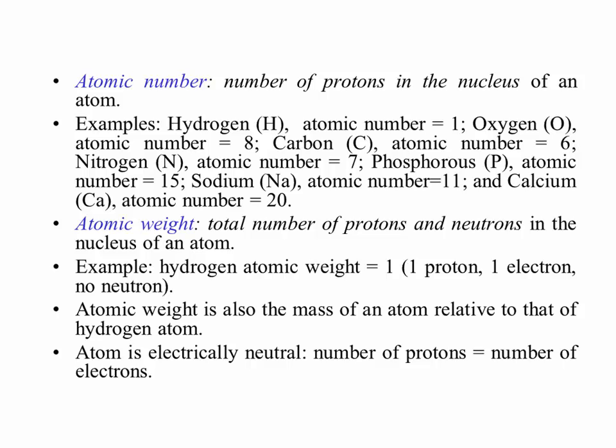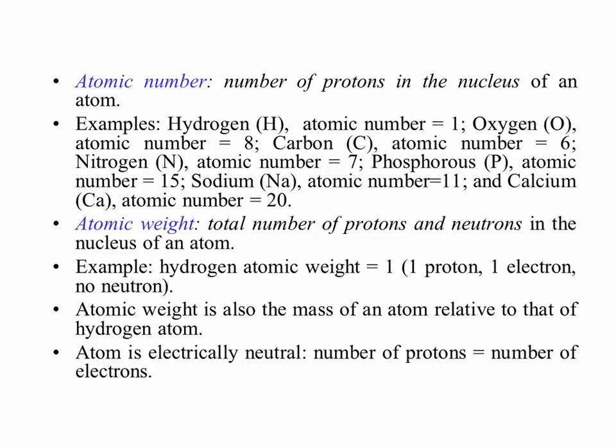Hydrogen has an atomic number of 1, oxygen 8, carbon 6, nitrogen 7, phosphorus 15, sodium 11, and calcium 20. Why did we pick these? Because these are the elements that occur over and over again in biological molecules.